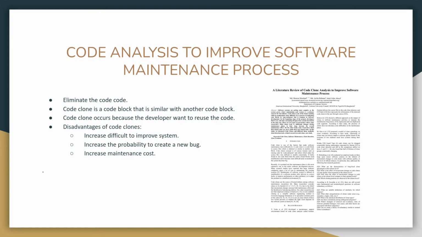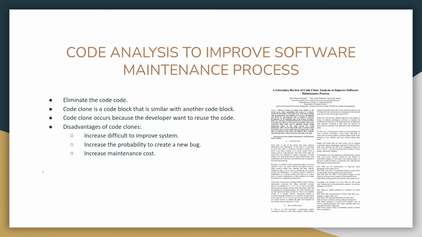The last technical paper is titled a code clone analysis to improve software maintenance process. This technical paper explains the way to improve the software maintenance process by removing or eliminating the code clone.